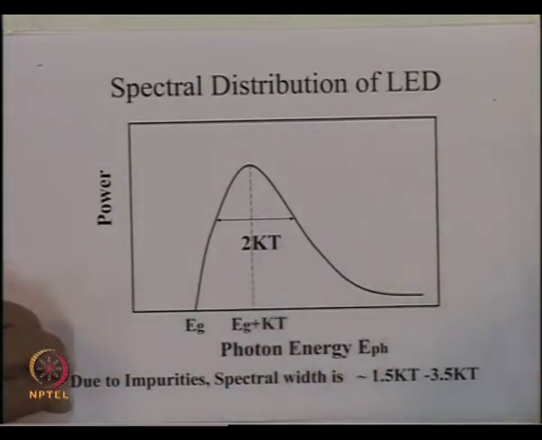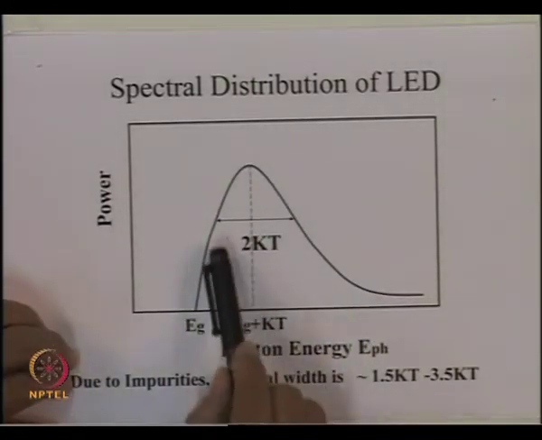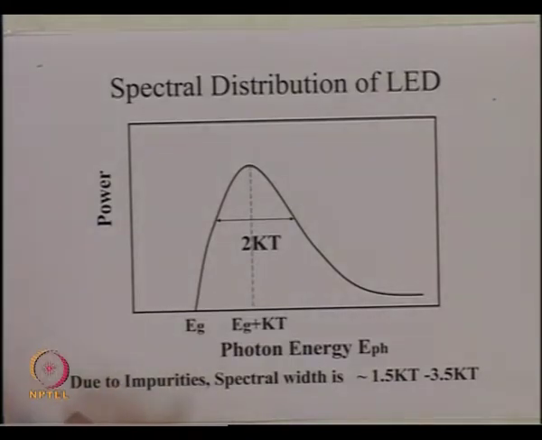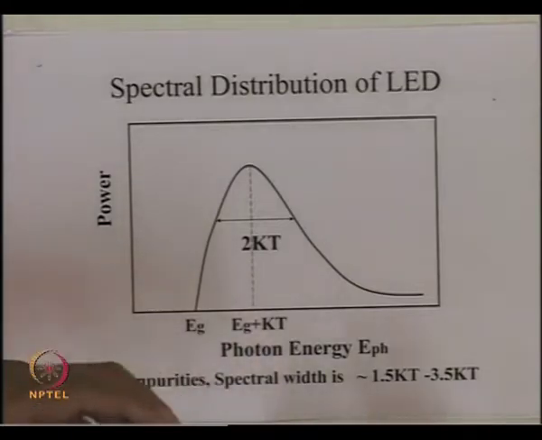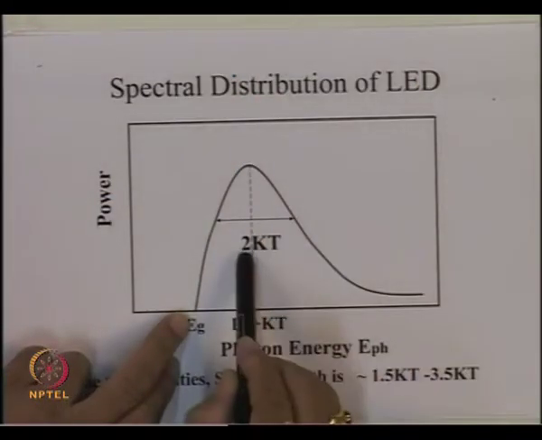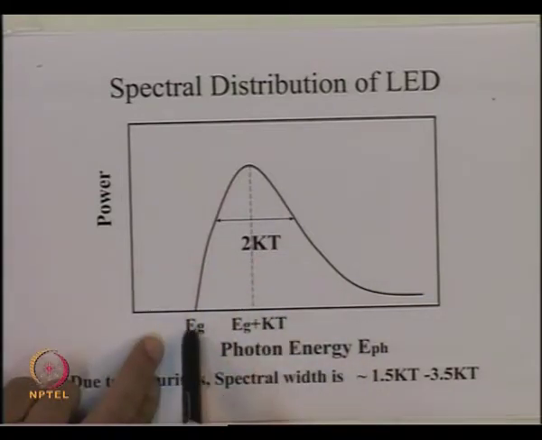And if I take this function and find out the width of this function, you will see that this width is approximately 2 kT. So, when we go from one semiconducting material to another, this quantity EG changes, but as far as the width of the spectrum is concerned, that is 2 kT and has nothing to do with the band gap energy EG.